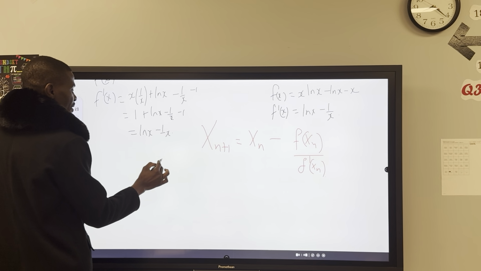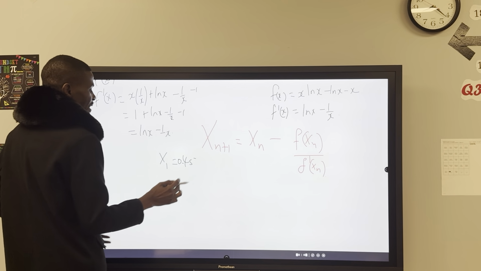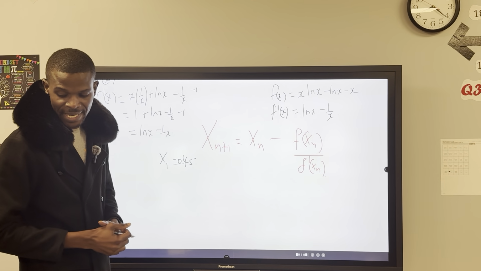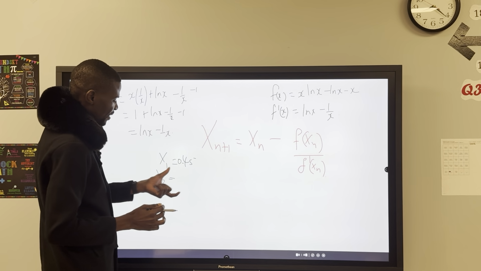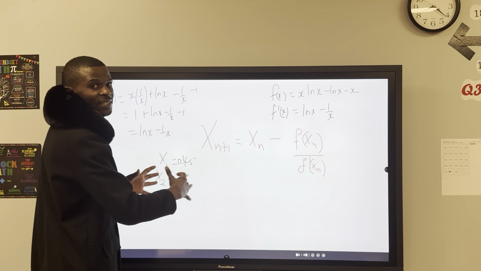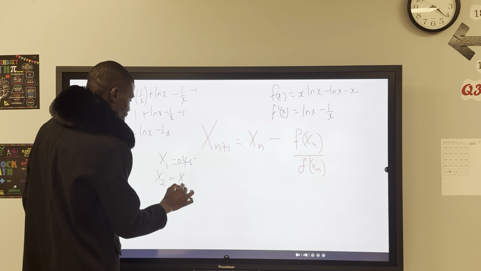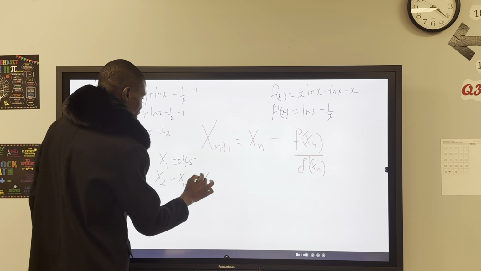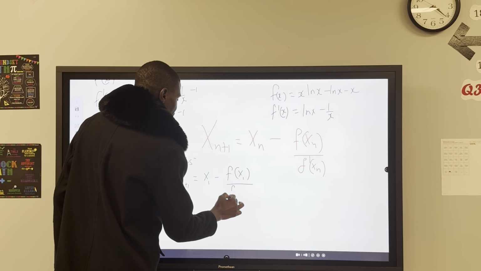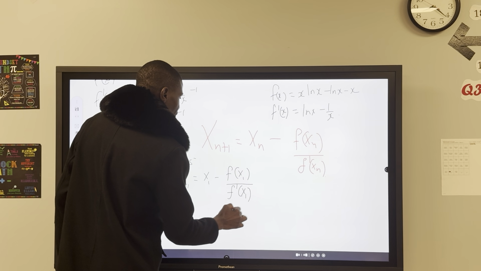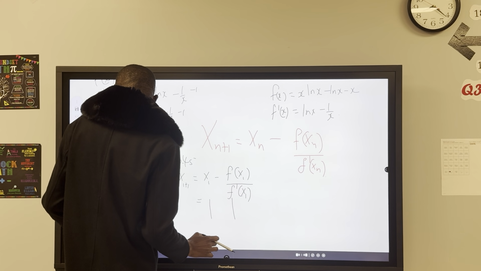We are given that x1 is 0.45 because that's our first approximation. Then to get x2, you can write this statement in full. It is x(1+1), which equals x1 minus f of x1 over the first derivative of x1.